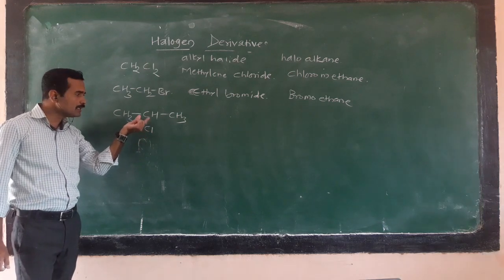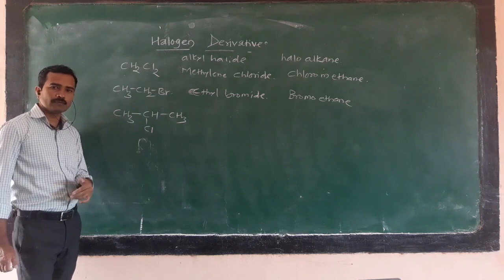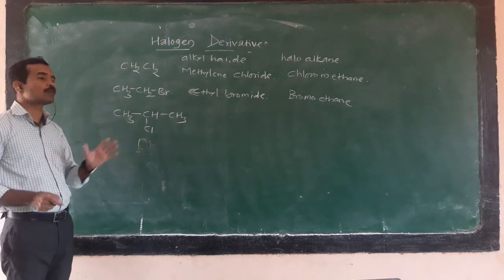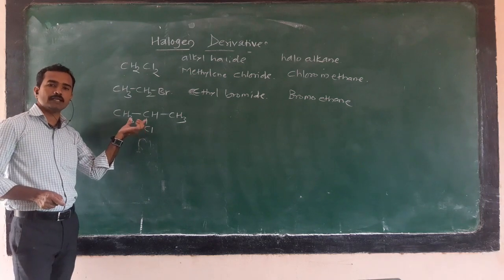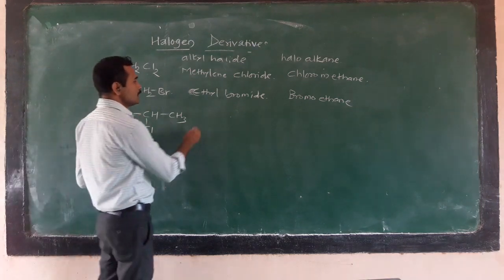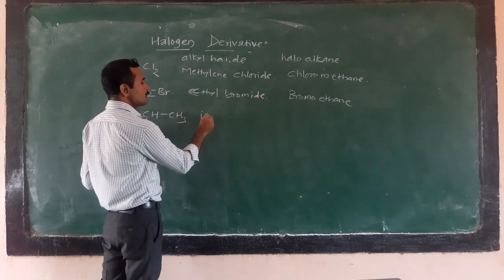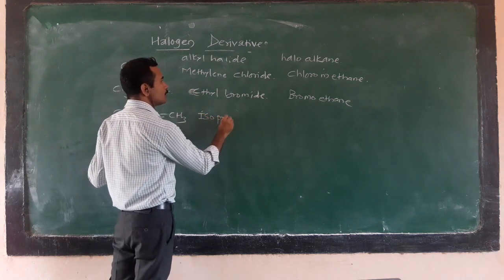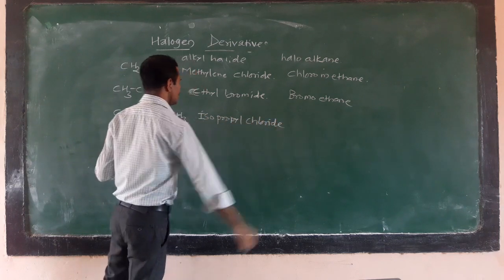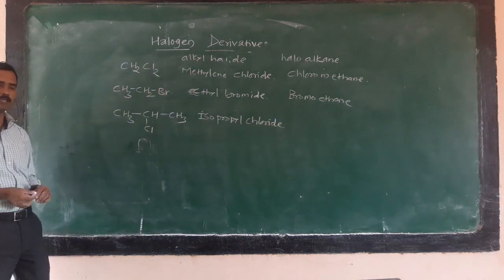So the common names for this example are isopropyl chloride or secondary propyl chloride. So we write here isopropyl chloride. And for the IUPAC system, what happens here?